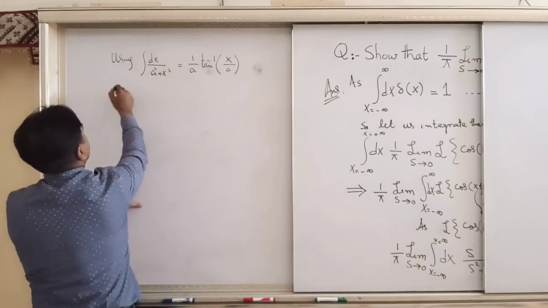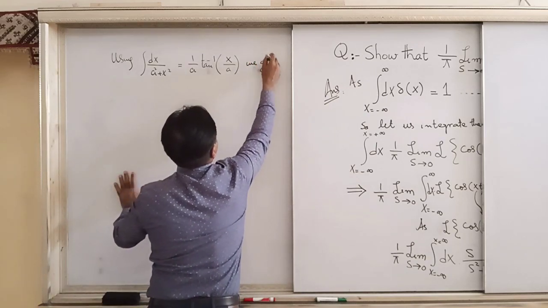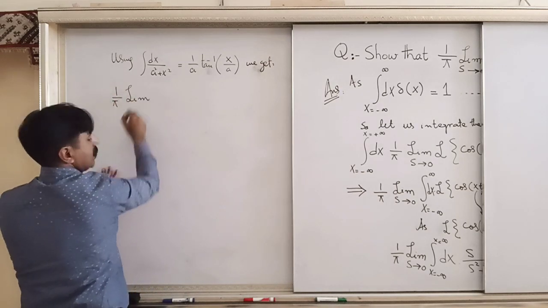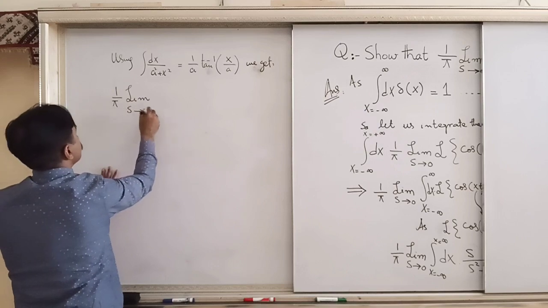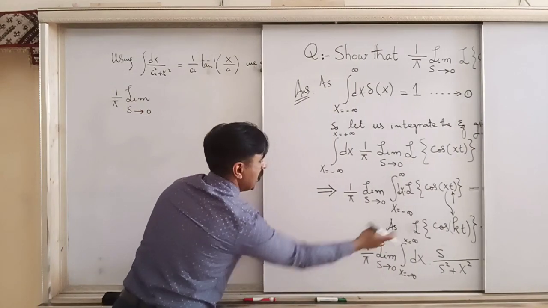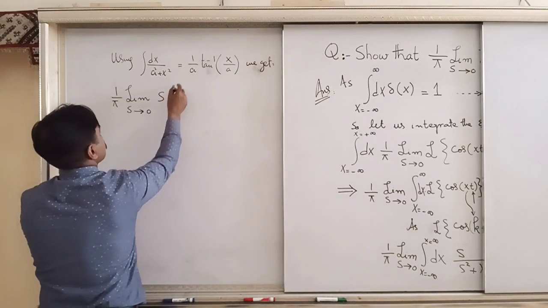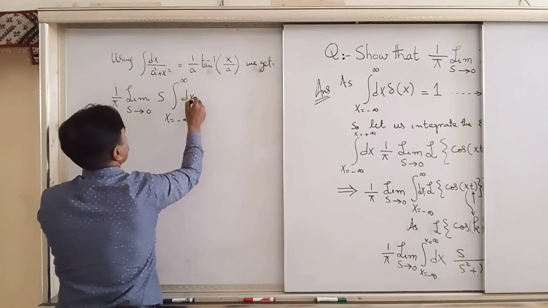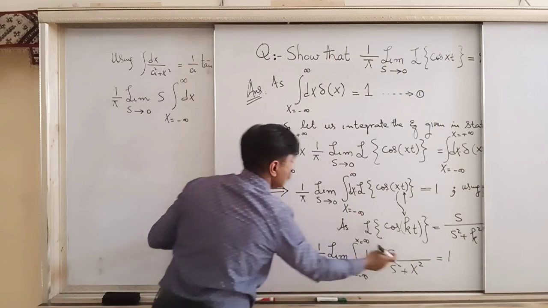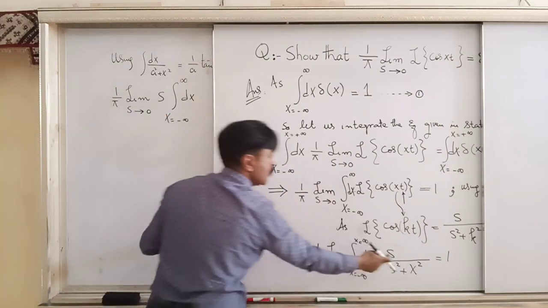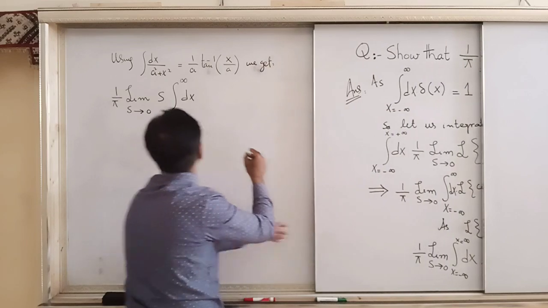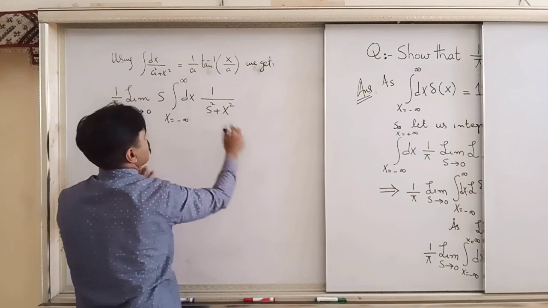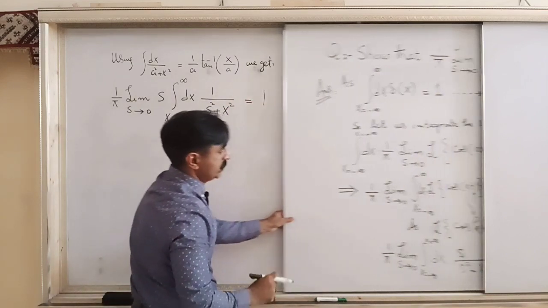Okay, let's see what you get. 1 over pi limit s approaches to 0, and s can be taken out, and the integral is from minus to plus infinity dx into 1 over s square plus x square, and on the right you have 1.